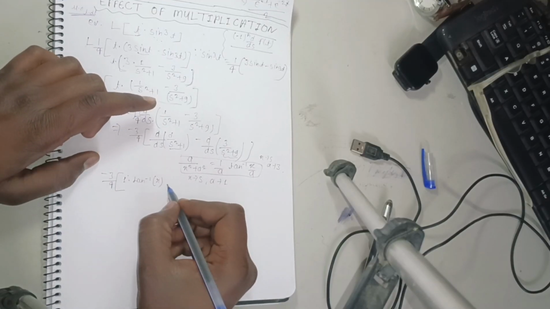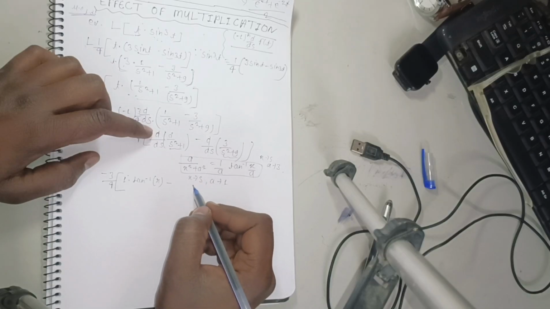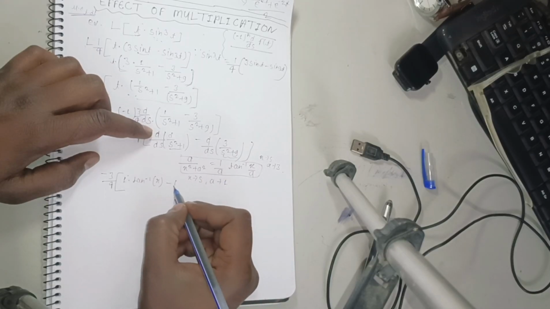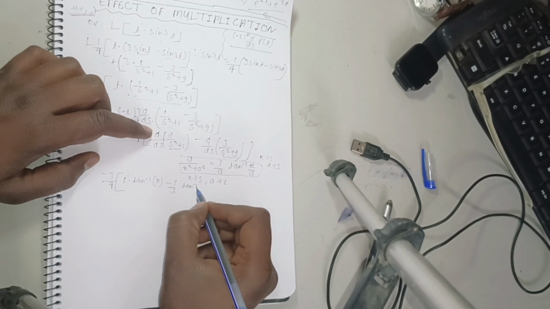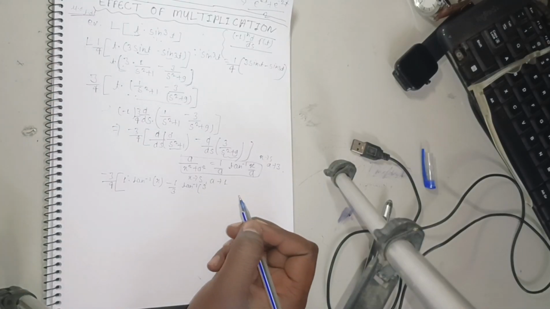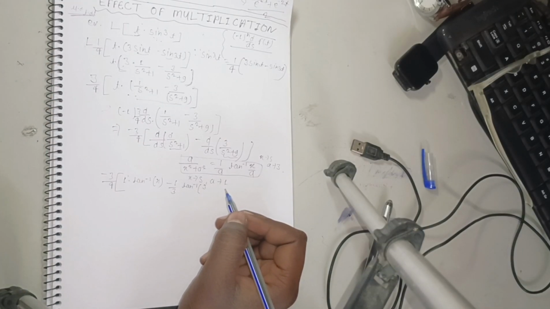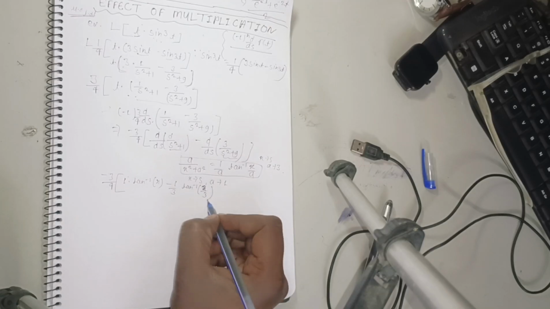Minus 1 upon 3 into tan inverse x upon 3.